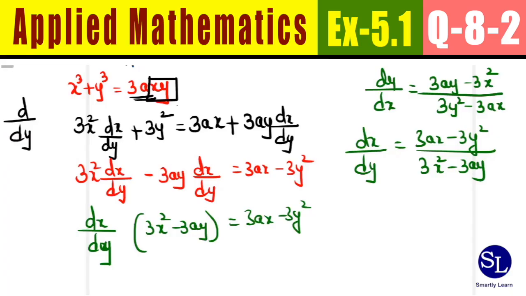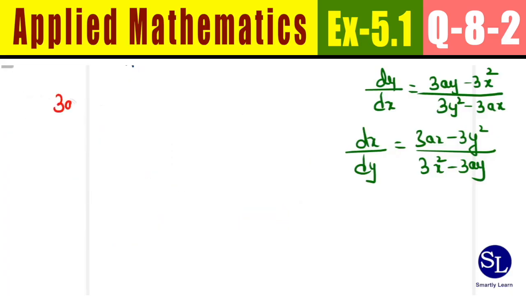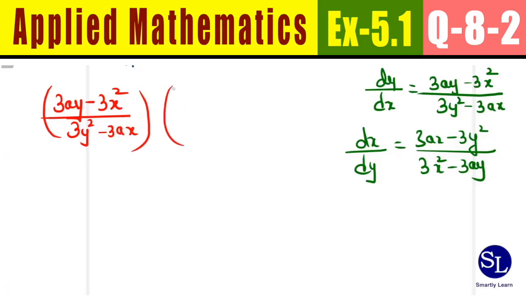Now we are supposed to prove that dx by dy into dy by dx is 1. So let's do that. So I have to write this as 3ay minus 3x squared, the whole thing divided by 3y squared minus 3ax into, I'm going to compute this, 3ax minus 3y squared, the whole thing divided by 3x squared minus 3ay.